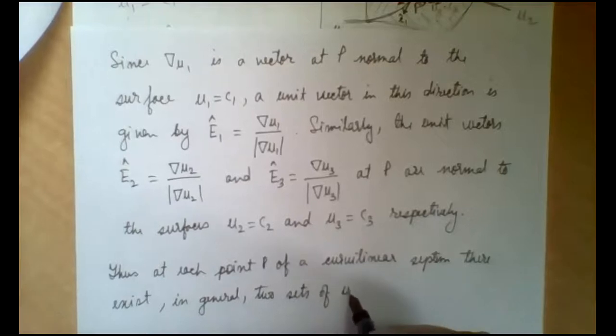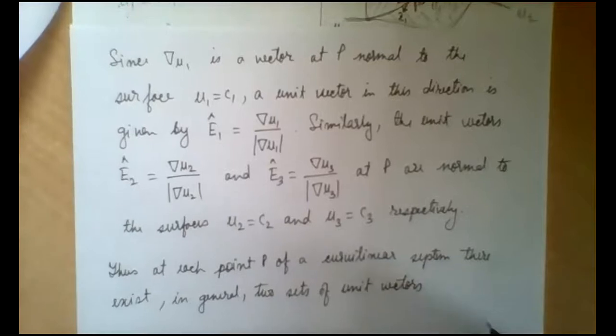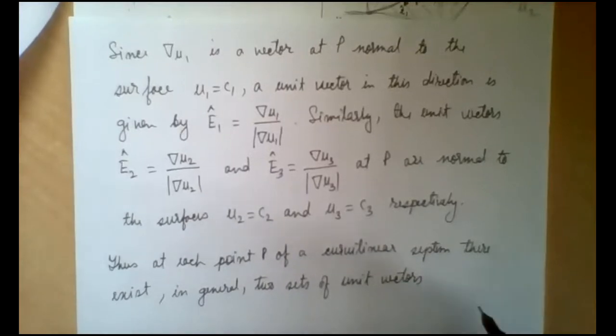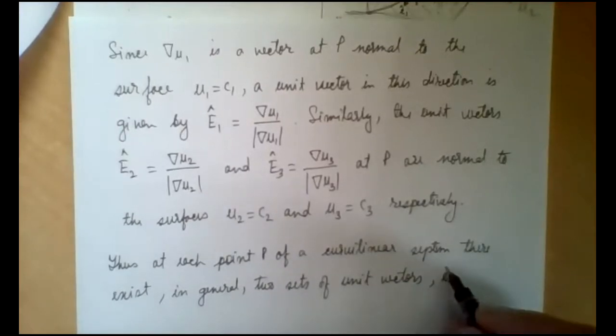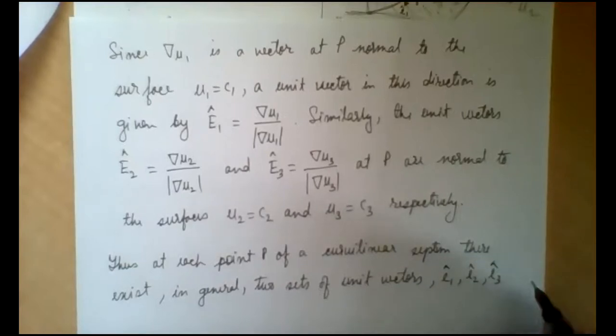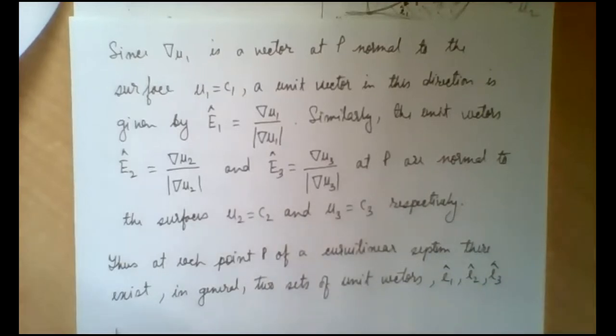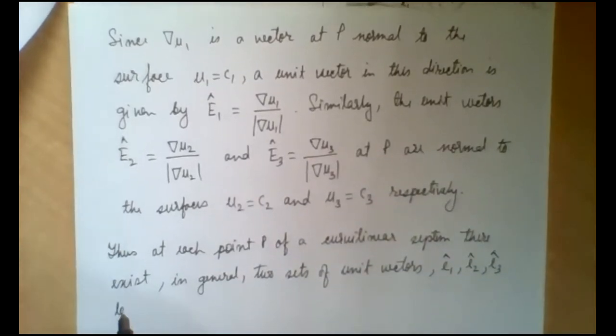The first set is small e1, small e2, small e3, and they are tangent to the coordinate curves.